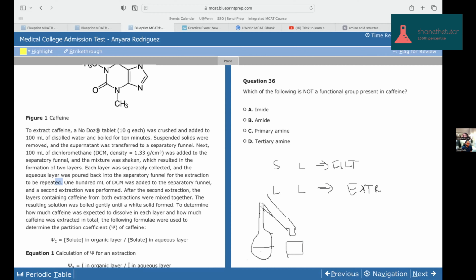So yeah, it's under the broad topic of separation techniques. When it comes to that, you want to think about what is different between the things we're trying to separate, and take advantage of that difference.